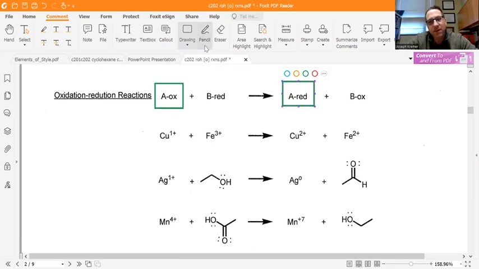So maybe in this instance, we're going from chromium 6+ to chromium 3+. So we're reducing in charge.